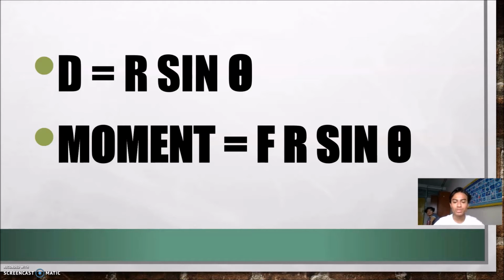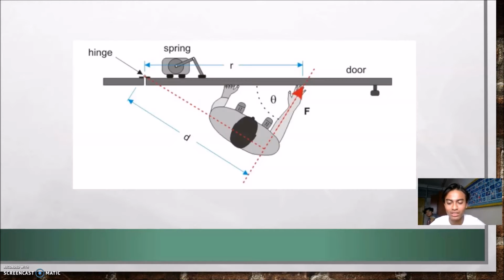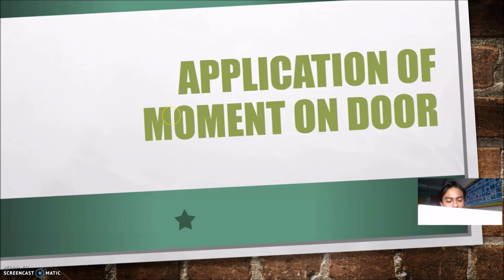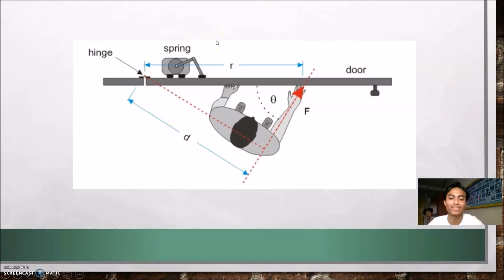If the person pushes on the door but the door does not move, it means that the turning effect of the spring, this spring, must be equal to the magnitude of the force that was applied but in the opposite direction to the force applied by the person pushing the door. So, into the next one.